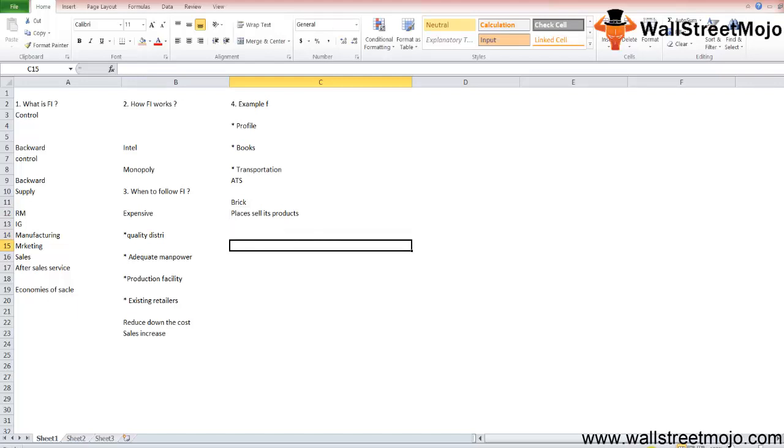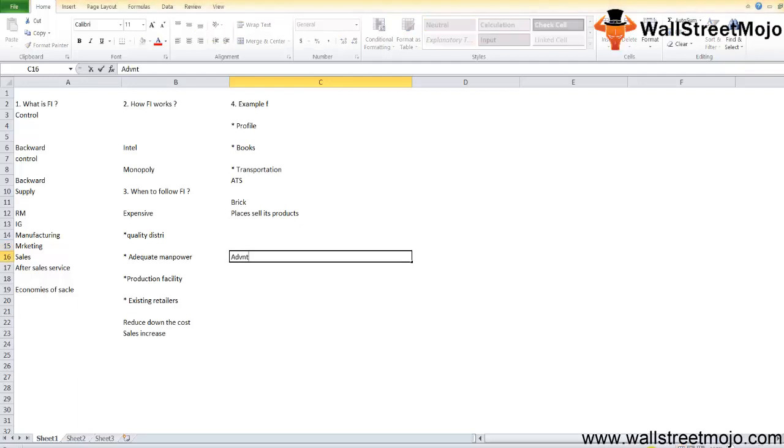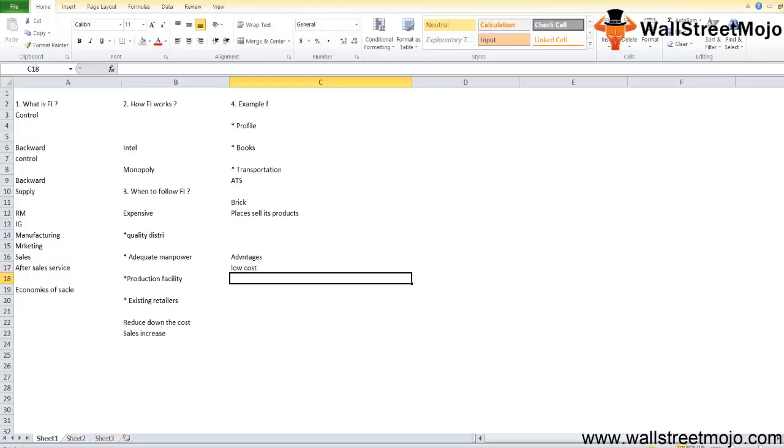So these were a couple of examples that you should have understood. There are some advantages that I want to take you through. See, what you get as an advantage is low cost due to elimination of the middleman and reduction of transportation cost.